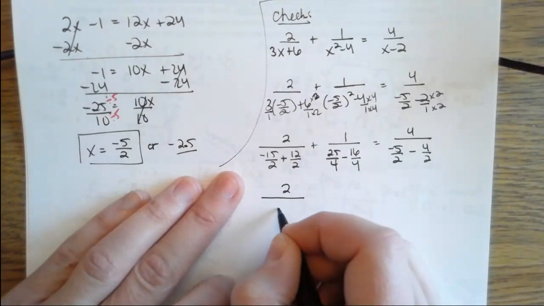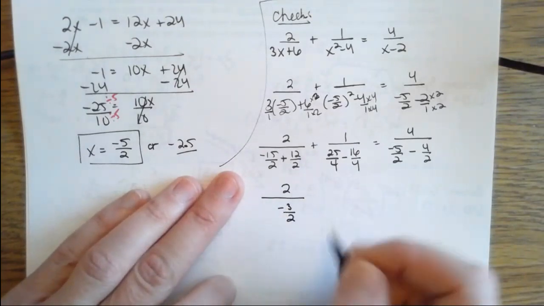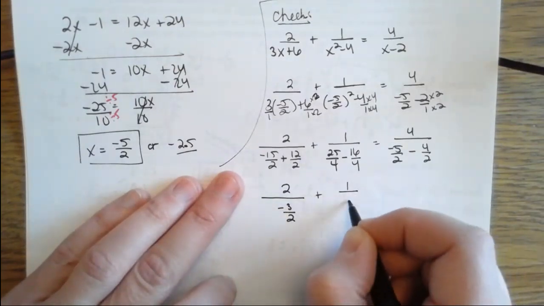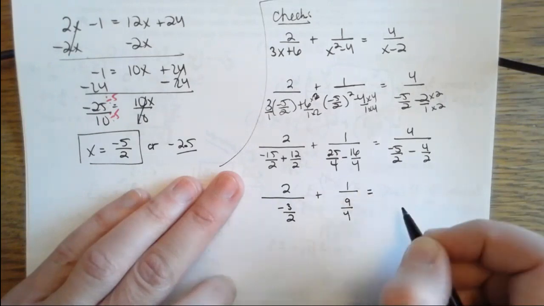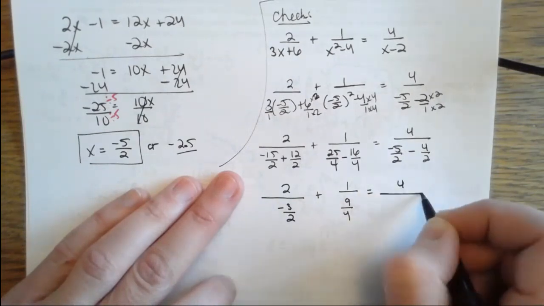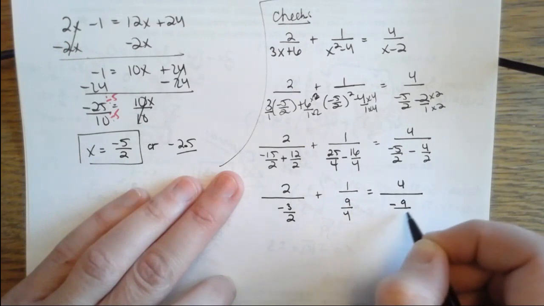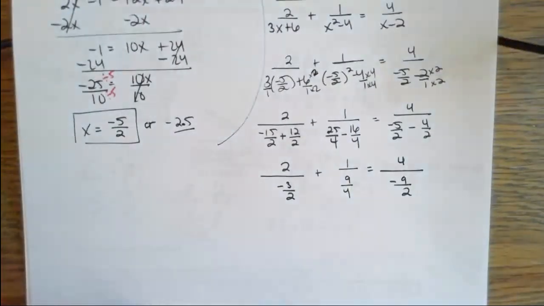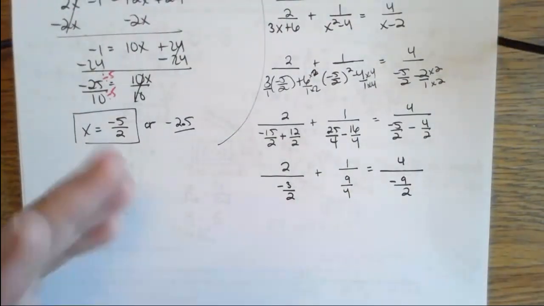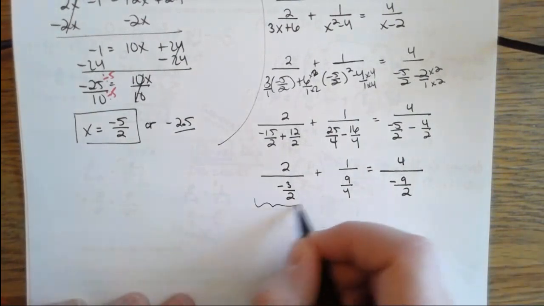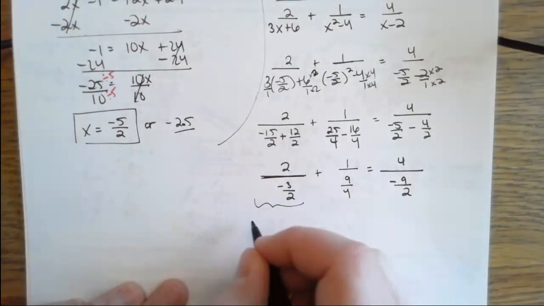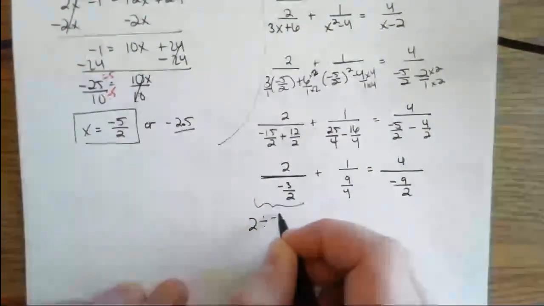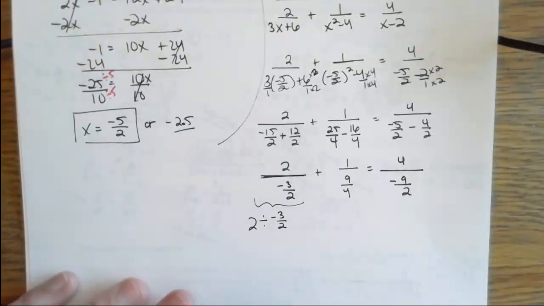This becomes 2 over negative 3 over 2, plus 1 over 9 over 4. And then on the right side, we have 4 over negative 9 over 2. Now, these complex fractions you can deal with in many different ways. One way is to note that this really is a division bar. So what you're doing here is you're basically just dividing by that denominator.